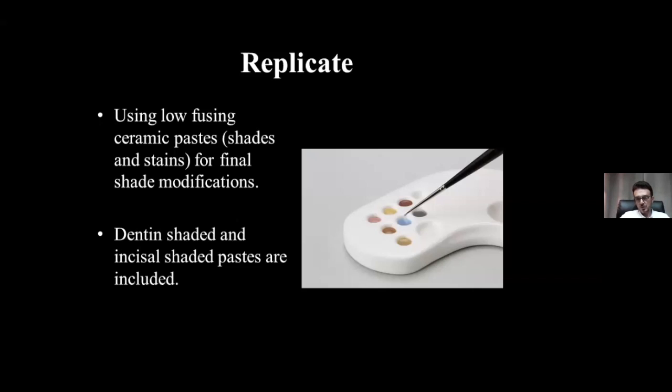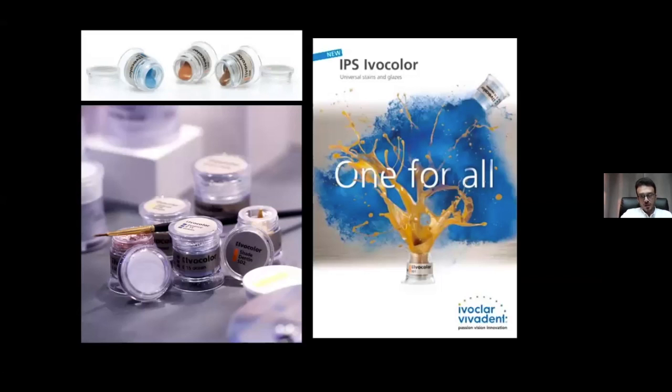So they have to go into the porcelain furnace first to be fired, and then you can see the final outcome. This is one of the benefits of this material, that you can see the final outcome just before introducing it into the furnace.